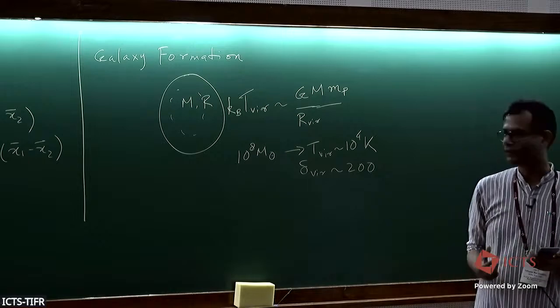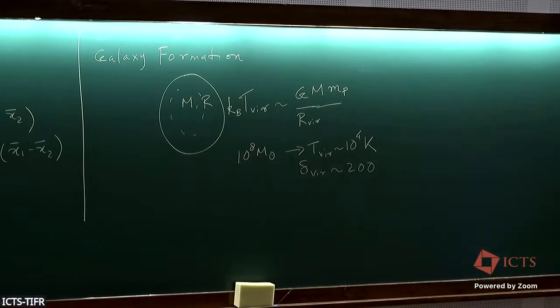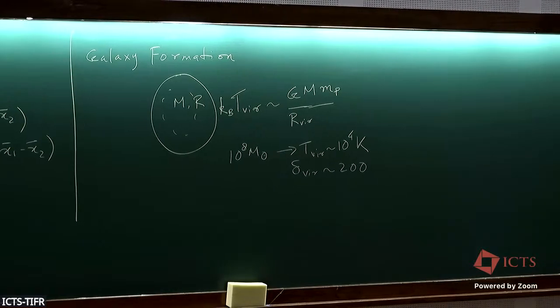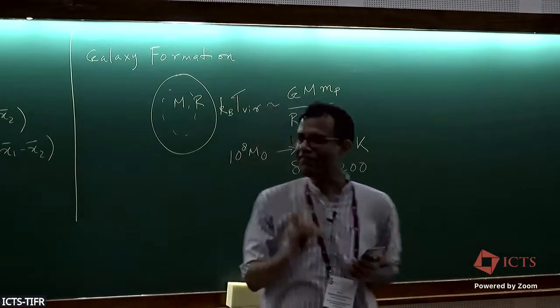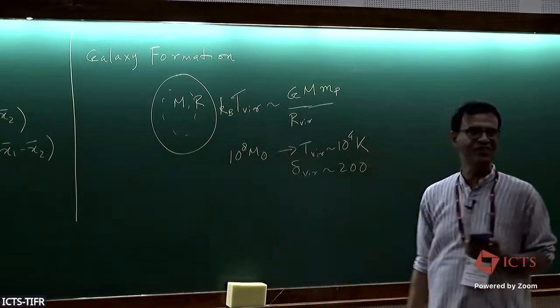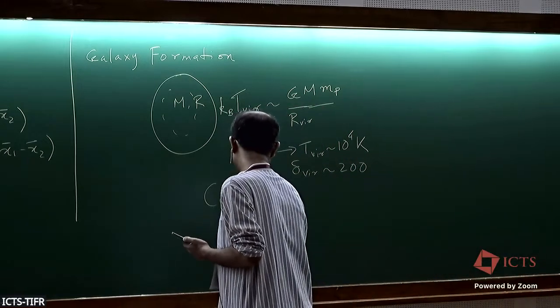this gas. To condense this gas, you have to cool it because the temperature is what is giving rise to the pressure and it is not able to come together, okay? So if you want to form stars, the first thing you need to do is cooling.